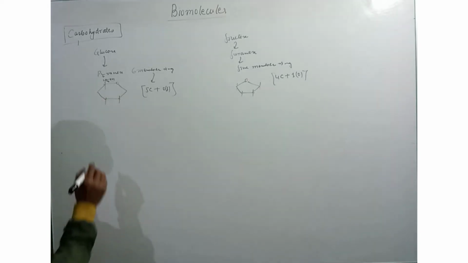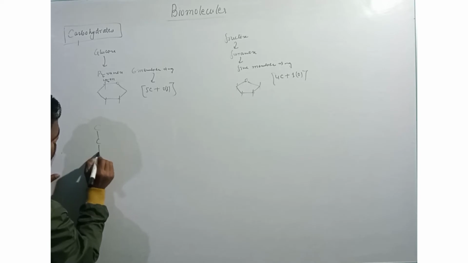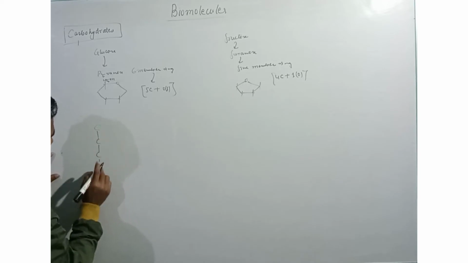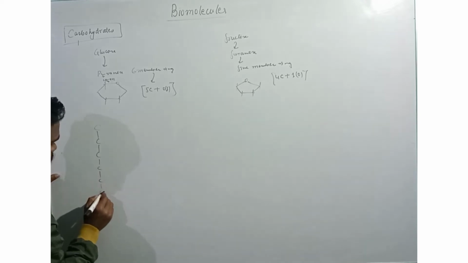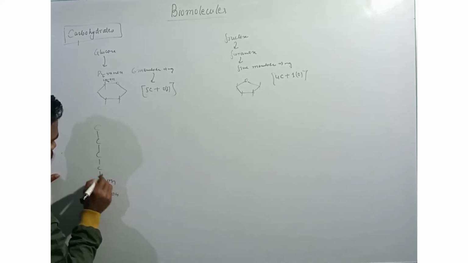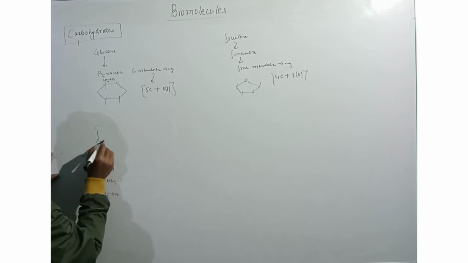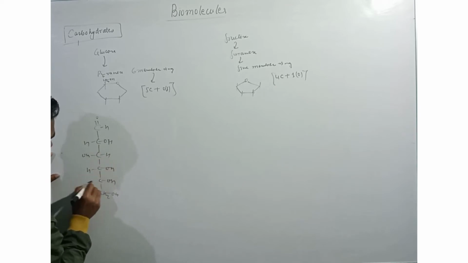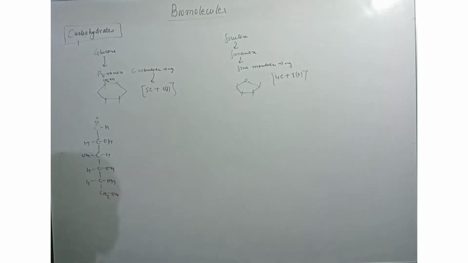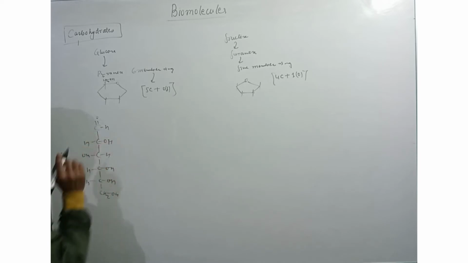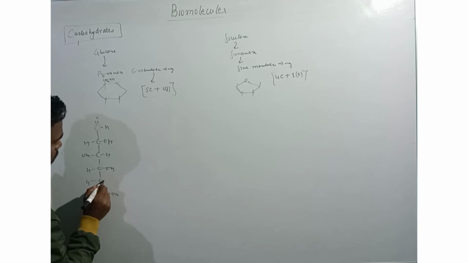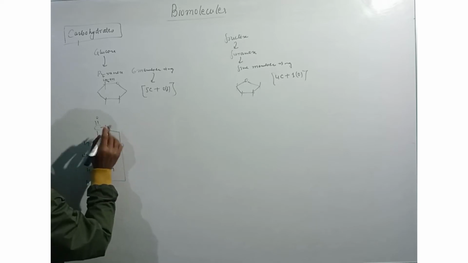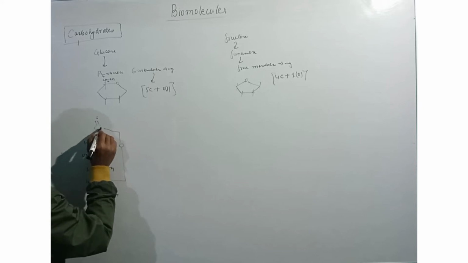Now first of all, we have to make glucose. This is the structure of glucose. Now, in the last carbon, the hydroxyl group reacts with the aldehyde. That reaction is called hemiacetal.